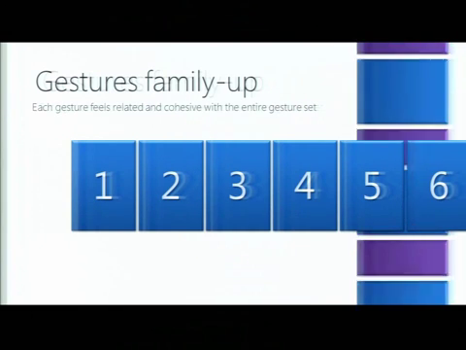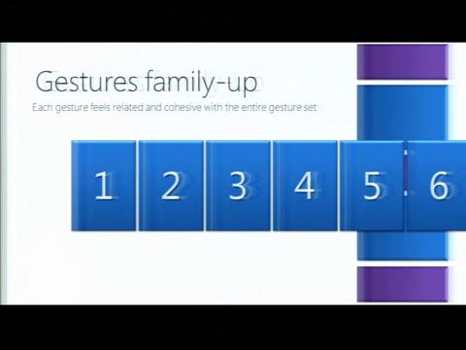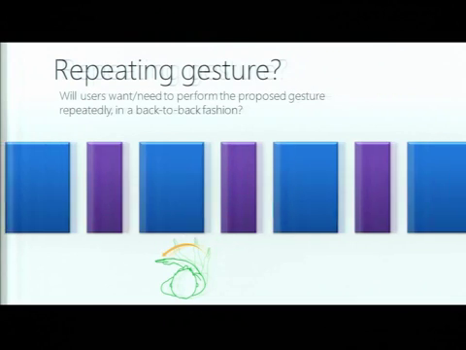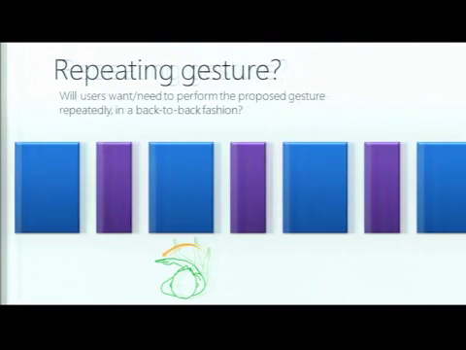I could swipe up by using my same hand and swipe down. So people will tend to think naturally about all these different things, and the more that you can start aggregating gestures in families, it will become easier for you to then create experiences that are more enjoyable for them and easier to learn. This is another concept, so repeating gesture, right?